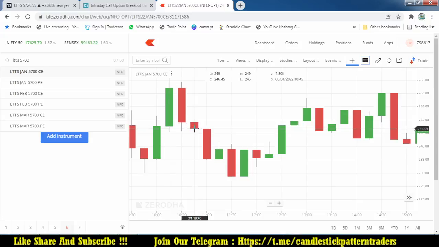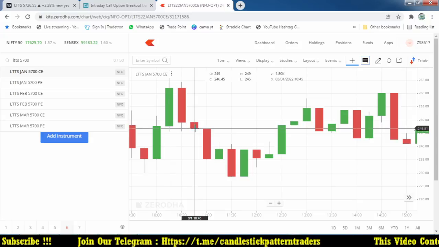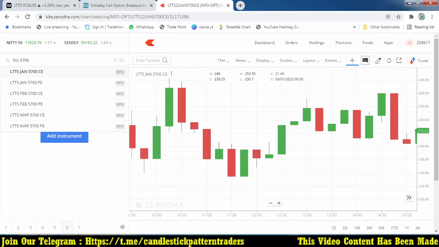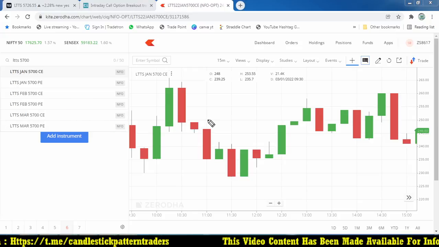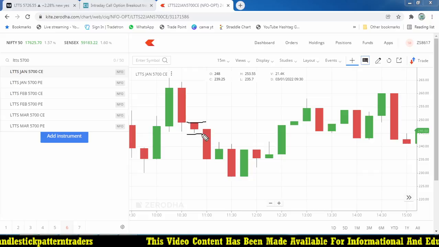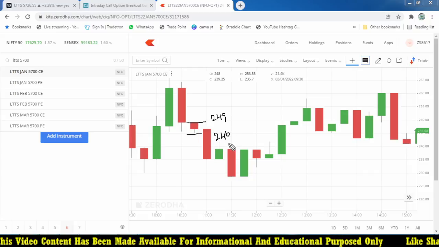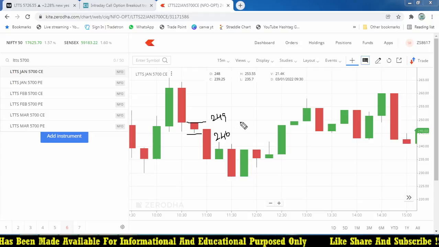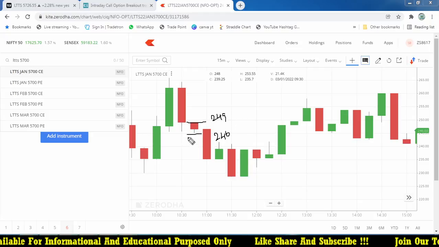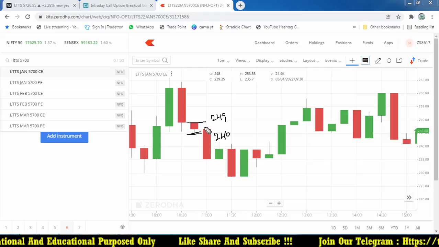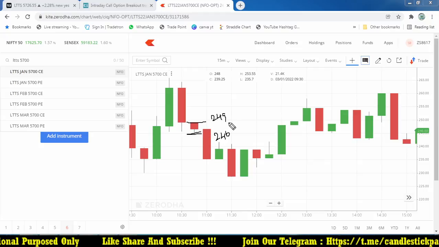The same candle's low is 245, so we are going to take just about a 5 rupees risk for the trade. So the entry point is 249 and 246 is the stop loss. Approximately 3 points, or 3-4 points, is the exact stop loss. Even if you place the stop loss below that level, we mention the entry point as 249.